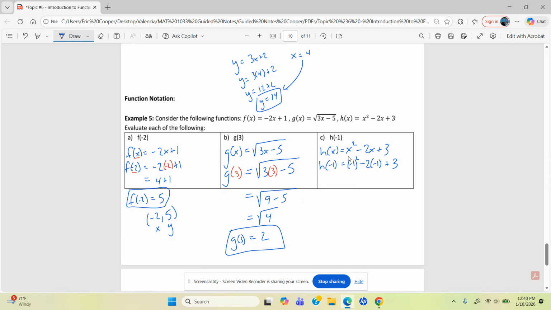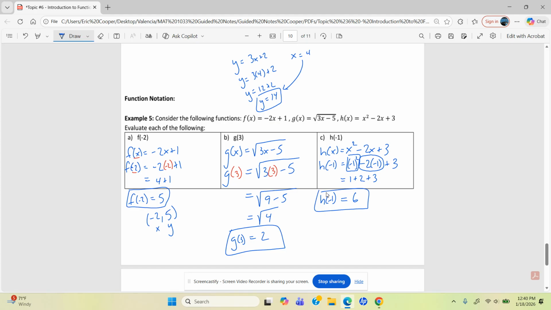Then we'll go through and use PEMDAS to solve this. Negative 1 squared. That's negative 1 times negative 1, which is positive 1. We'll then do negative 2 times negative 1, which is positive 2, and then plus 3. 1 plus 2 plus 3 equals 6. So we can say h of negative 1 is equal to 6.